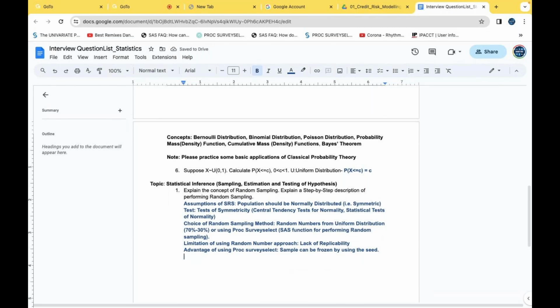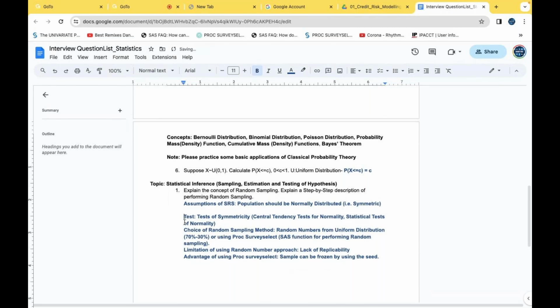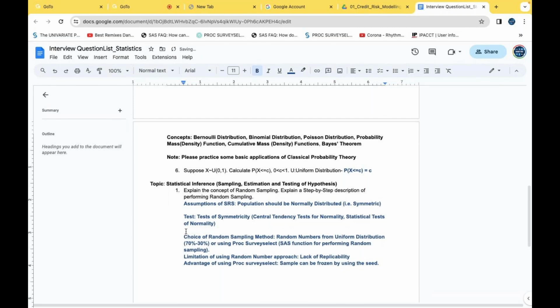And finally, once you have created the sample, the next step is the representativeness analysis. So what we do is we analyze whether the samples are representative in terms of, number one, the target variable.